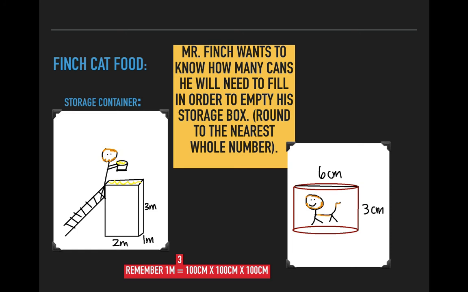Now we have established how many centimeters cubed we have within this giant rectangular box. Now we need to figure out the volume of this can. We know that pi times radius squared times h is equal to volume.